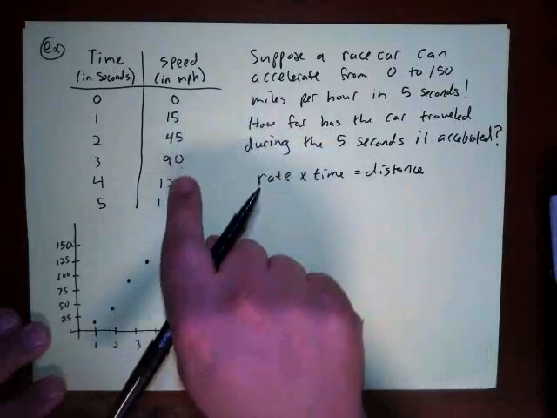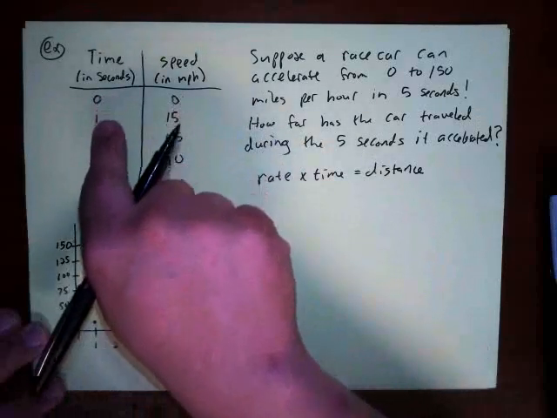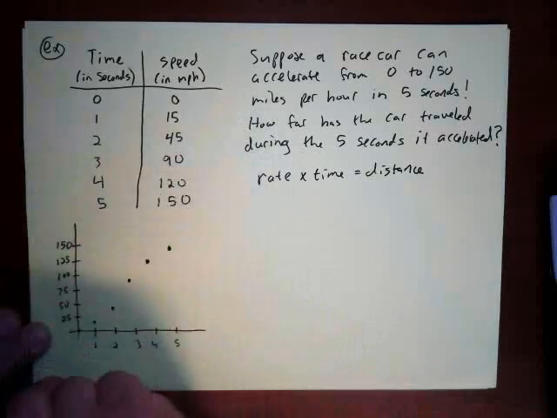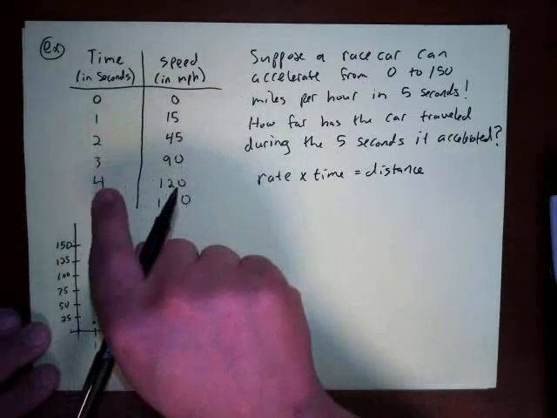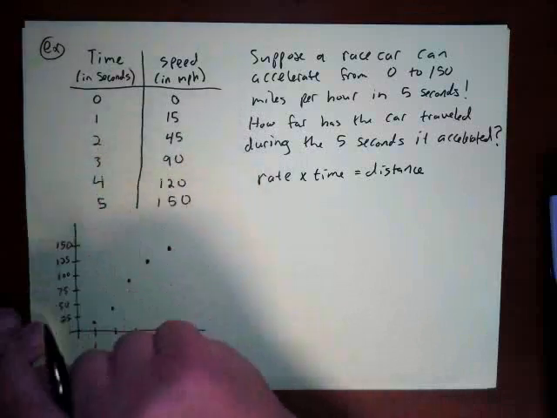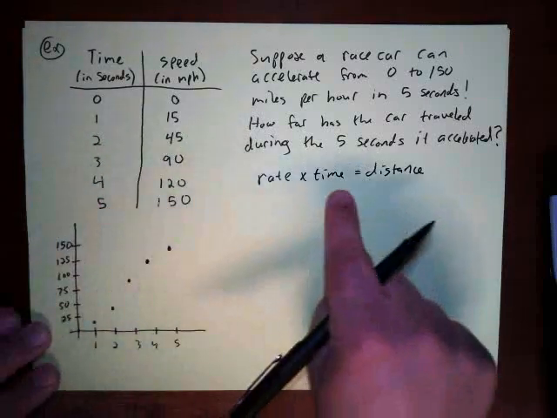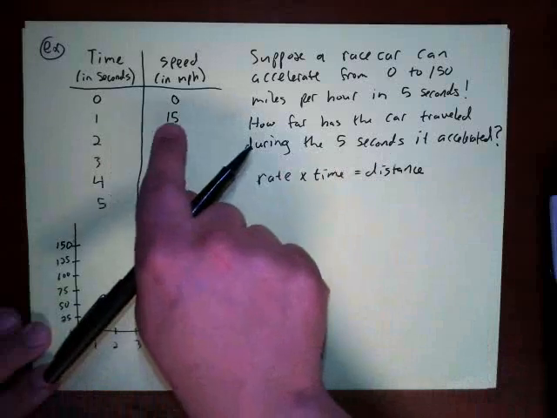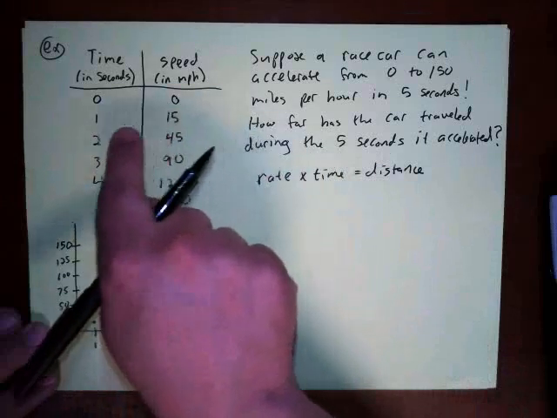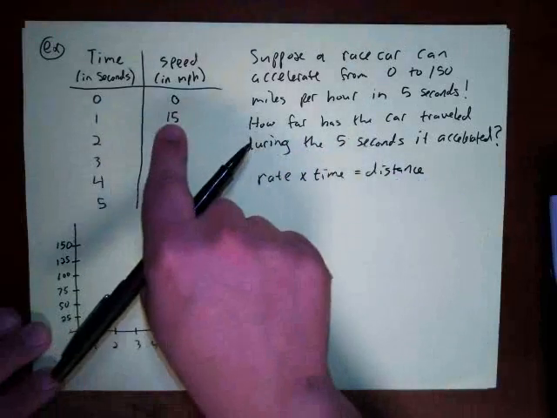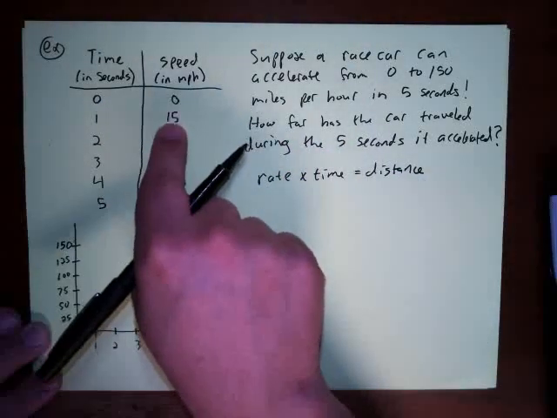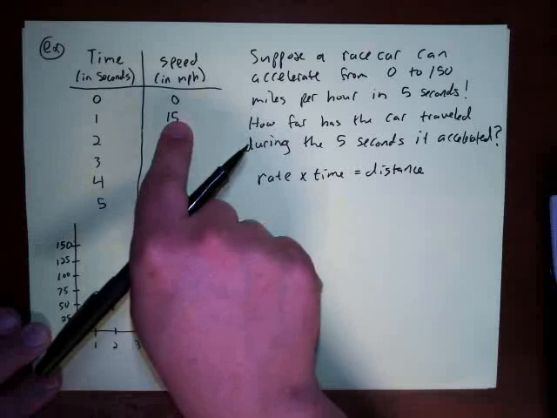And in here I got miles per hour, and then this time is in seconds. Okay? So what I need to know is how many hours each of these seconds is. And then I can use this formula for each number in this table. So I could say at 1 second, and this is the best I can do, I guess, 15, we'll say during that second I went 15 miles per hour.